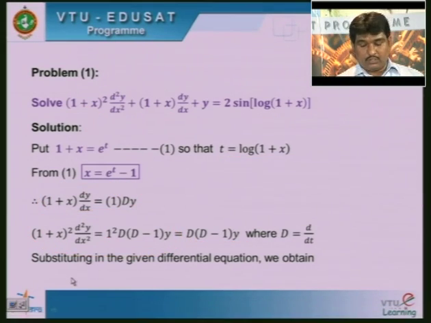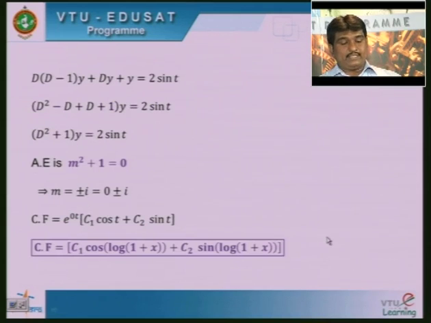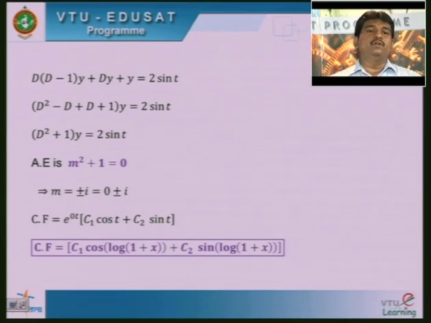When you substitute all these in the given differential equation, we get D into D minus 1 of y plus Dy plus y equals 2 sin t. Simplify this, we get D square plus 1 of y equals 2 sin t. The auxiliary equation is m square plus 1 equals 0. You solve this, we get a pair of complex roots, 0 plus or minus i.